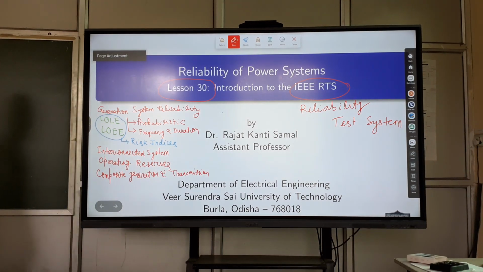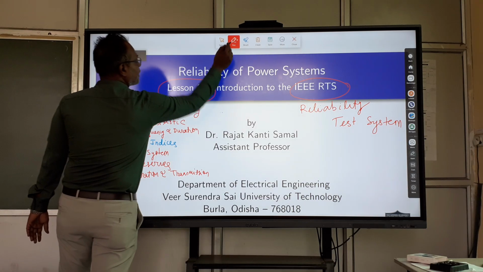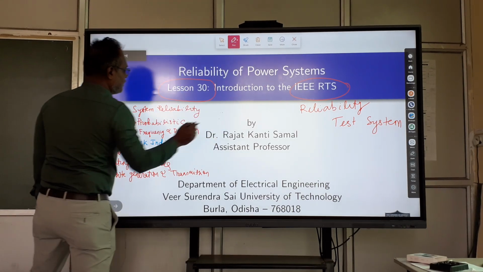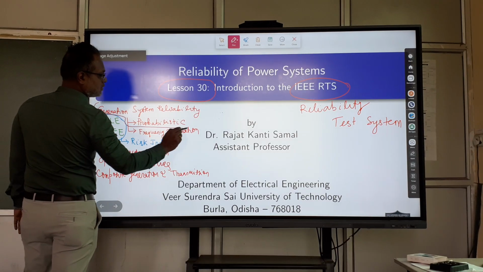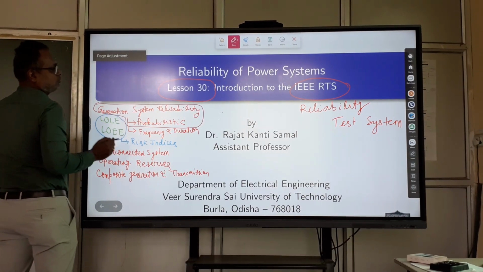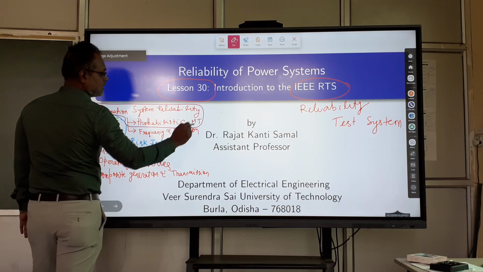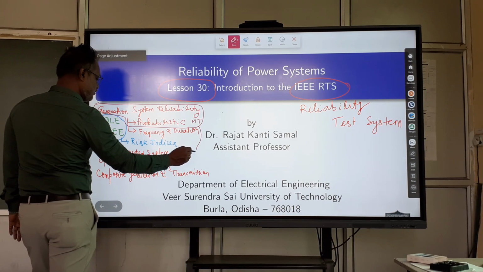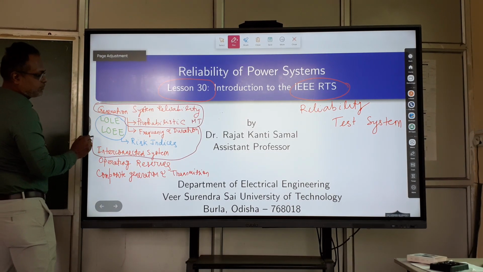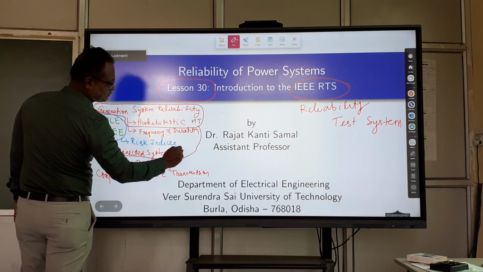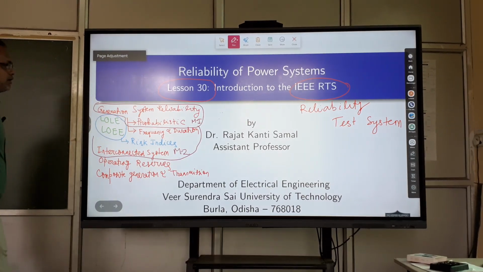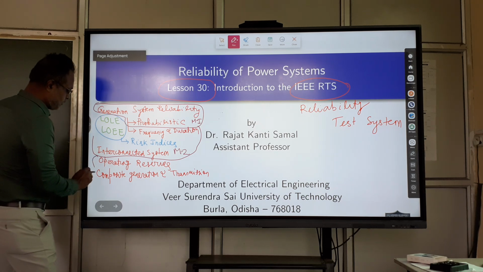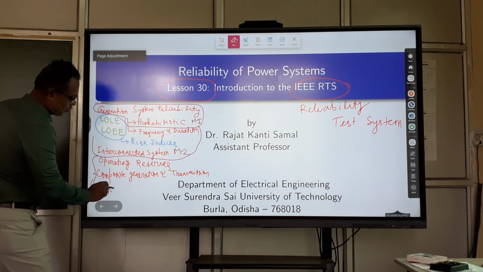Right? So we used, in fact, model wise, this probabilistic approach was model 1, and we combined this frequency duration as well as interconnected system as model 2. And this was model 3.